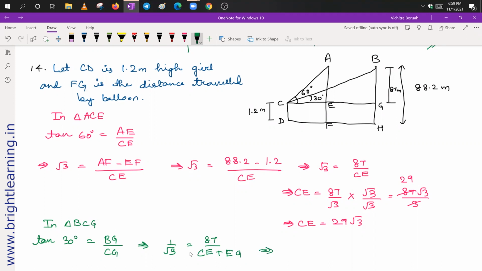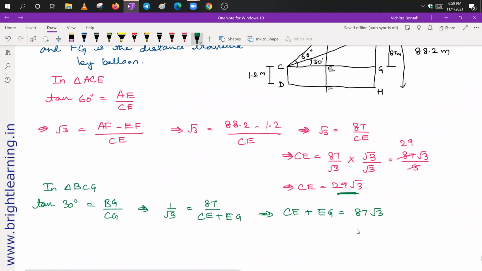Now if you do the cross multiplication, you will get CE plus EG equal to 87√3. Now CE you already know is 29√3, so just put the value here. You will get 29√3 plus EG equal to 87√3.